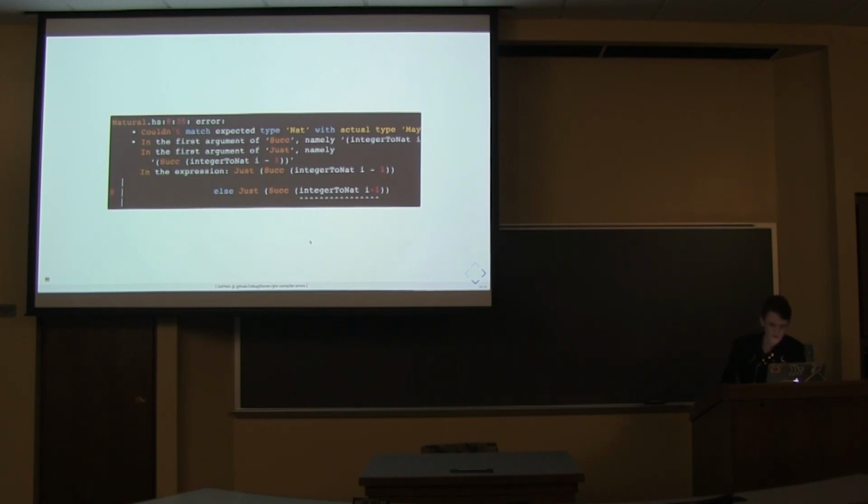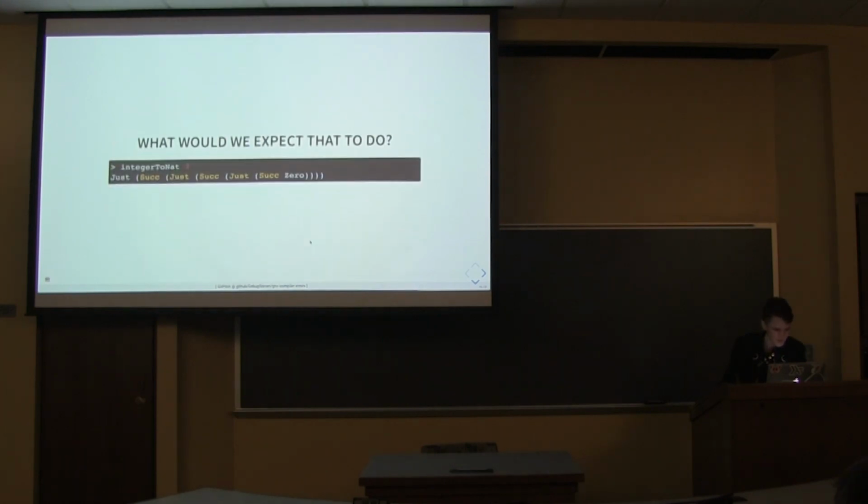So what would we expect this function to do if it could just run right now? So if we said integerToNat 3, it would give us back Just Successor, Just Successor, Just Successor Zero, which isn't really what we want based off of how we've seen that Peano numbers are constructed.